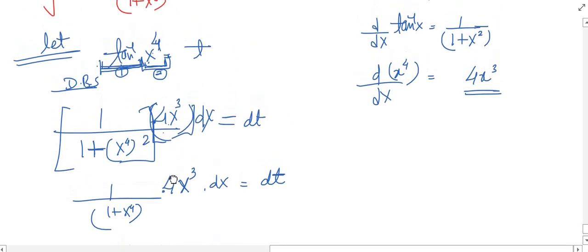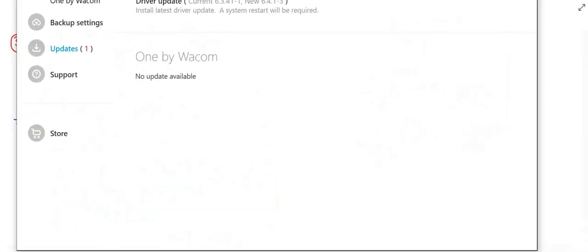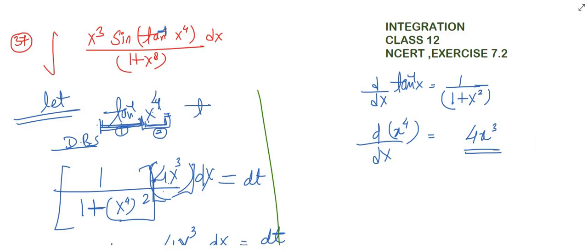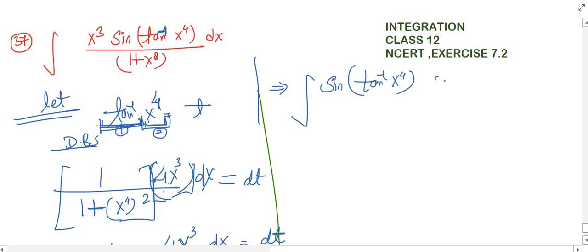Dt by 4. If you observe the question, and if we write it in a different way, the question will become this, guys. Your question is this: integration of sine of tan inverse of x cube dx by 1 plus x raised to power 8.